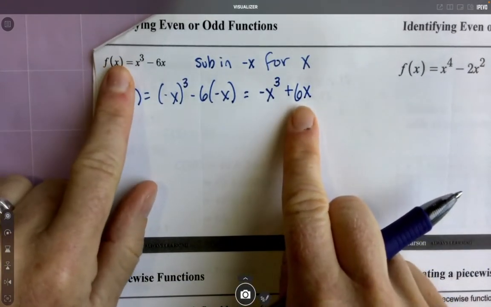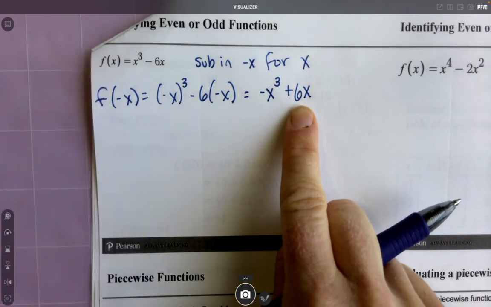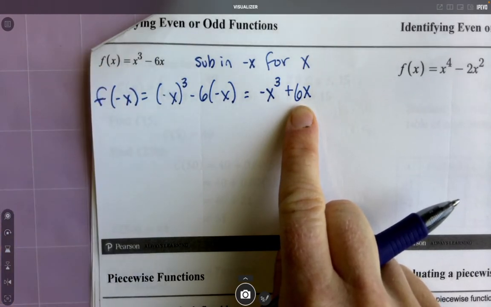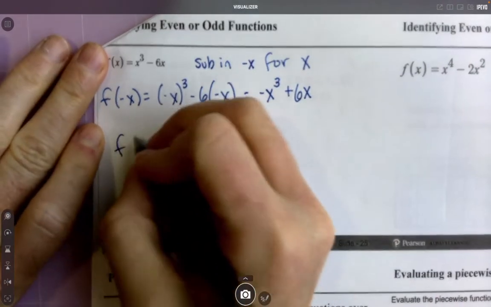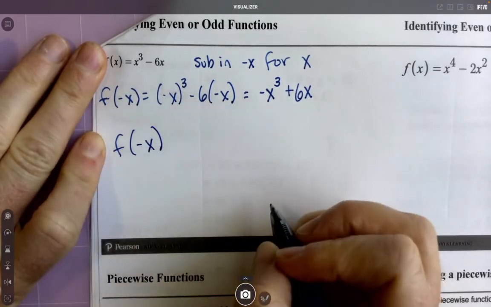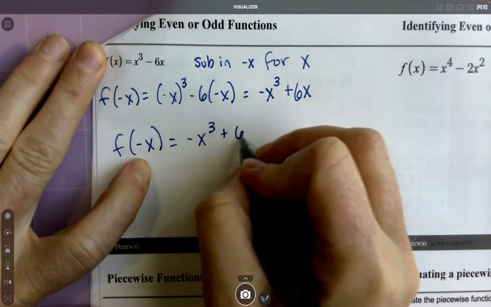So if we look here, there are two terms on the right side of the given equation. Each term changed sign when we replaced x with negative x. Because of this, it's an odd function. f is symmetric with respect to the origin. So if we look at it, f of negative x is negative x cubed plus 6x.